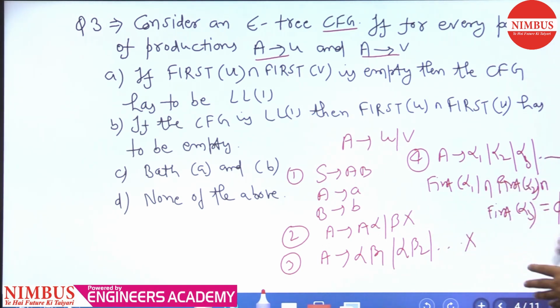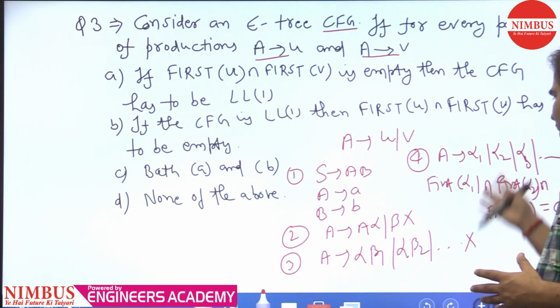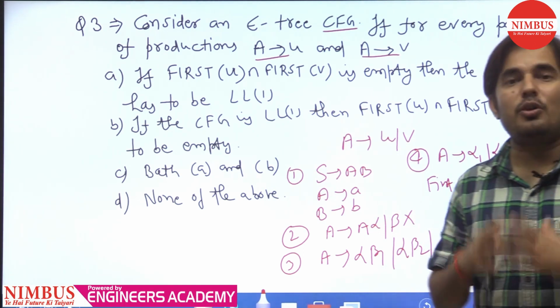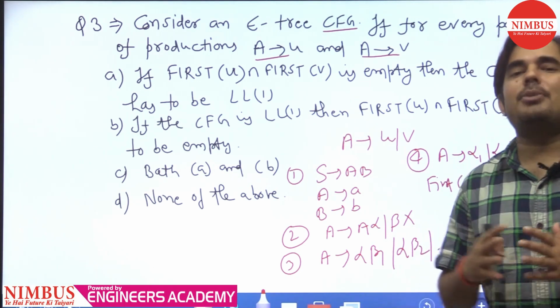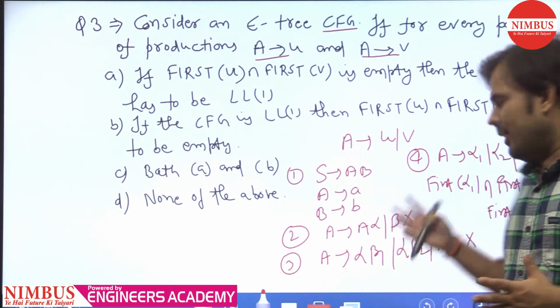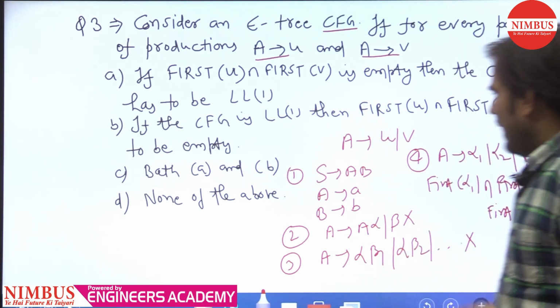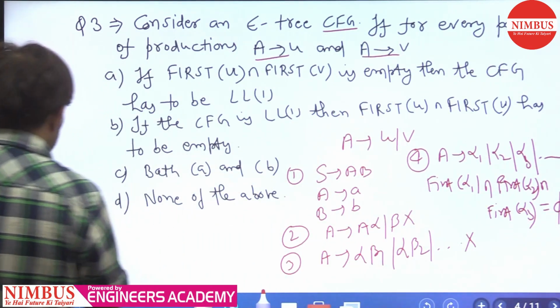The intersection of all these firsts needs to be phi, the empty set. When it is the empty set, then the grammar is LL1. When it is not the empty set, then the grammar is not LL1.